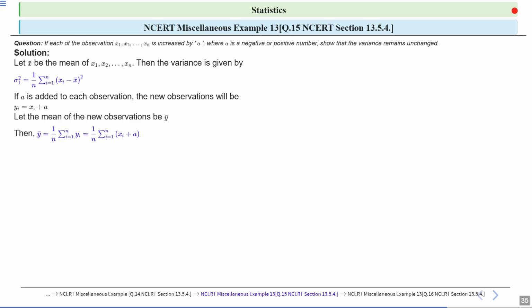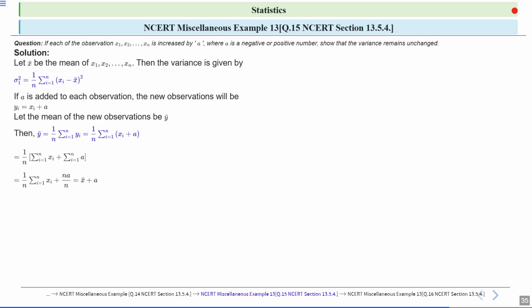Now let's calculate the new mean. The formula is y bar equal to 1 divided by n summation from i equal to 1 to n of yi, equal to 1 by n summation from i equal to 1 to n of xi plus a. This is equal to 1 divided by n of summation from i equal to 1 to n of xi plus summation from i equal to 1 to n of a.